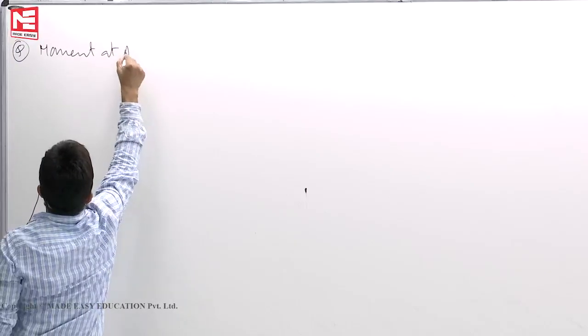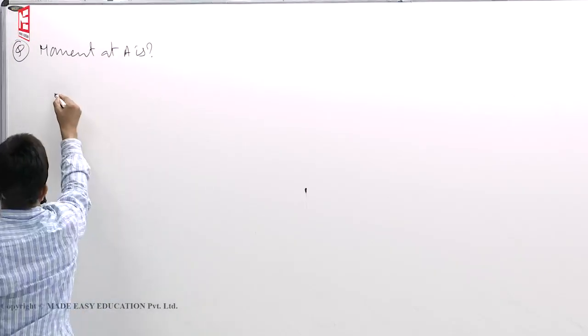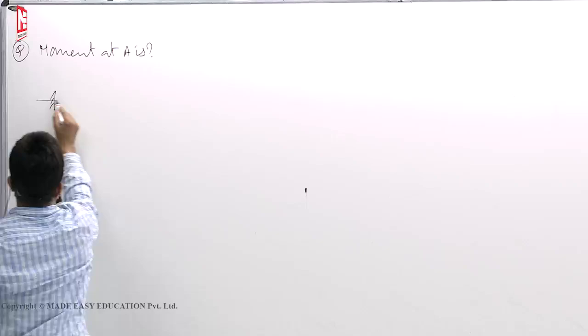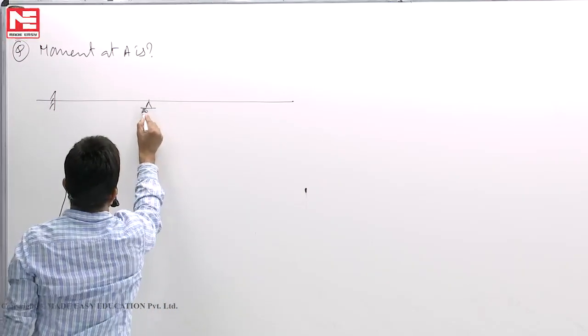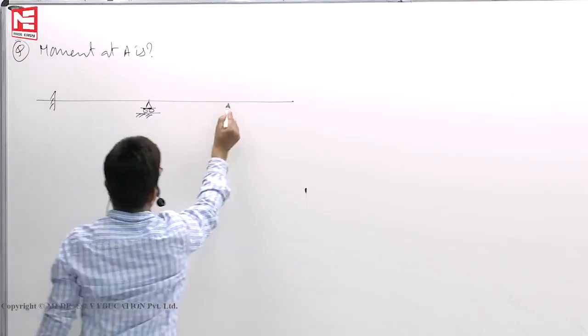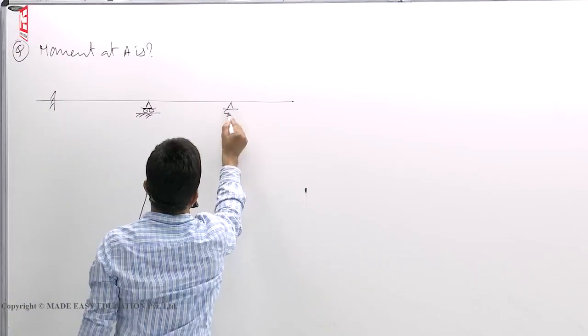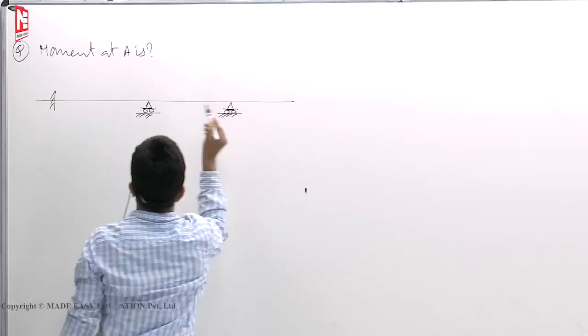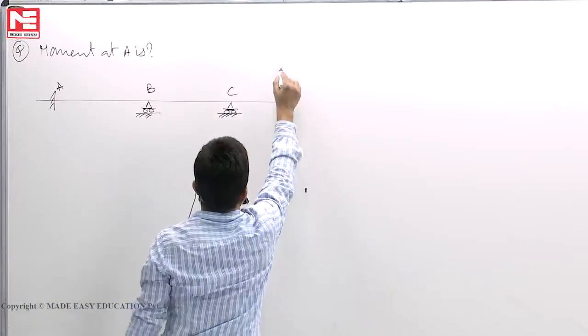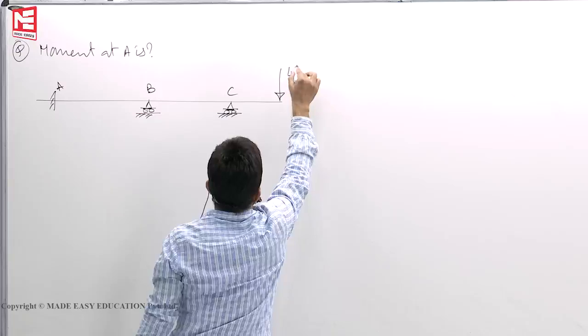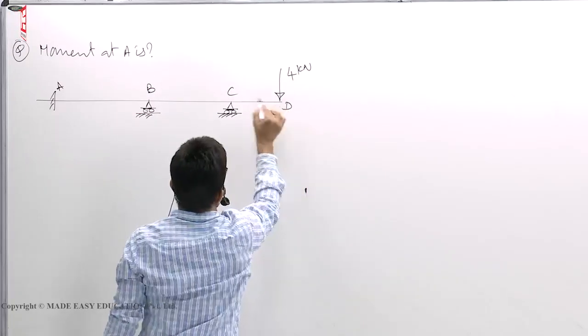Moment at A is... this point, let us say A, B, C. Let us say this force is 4 kilonewton.